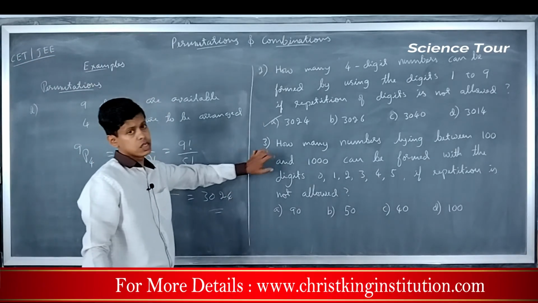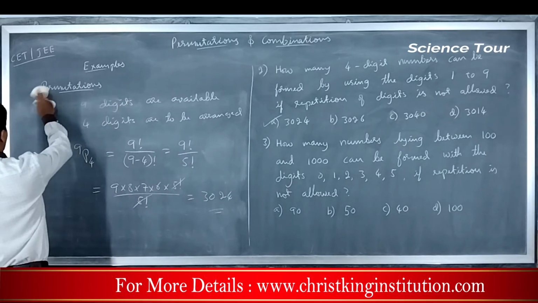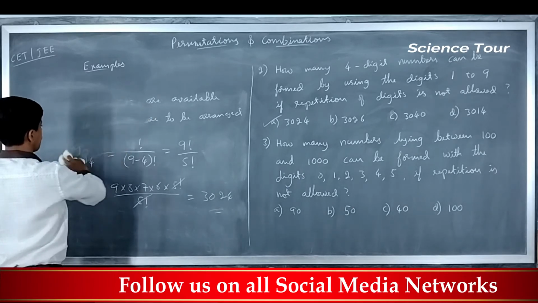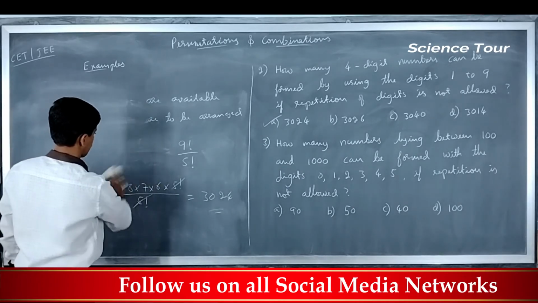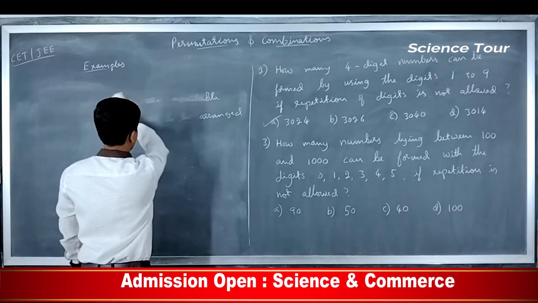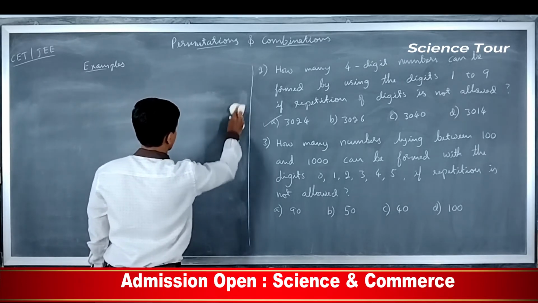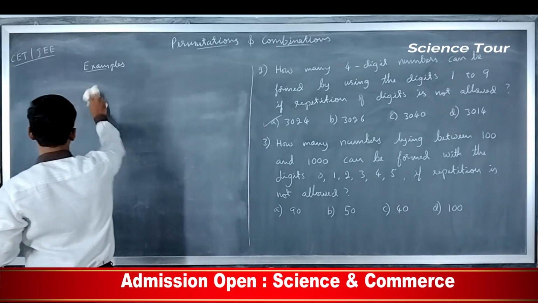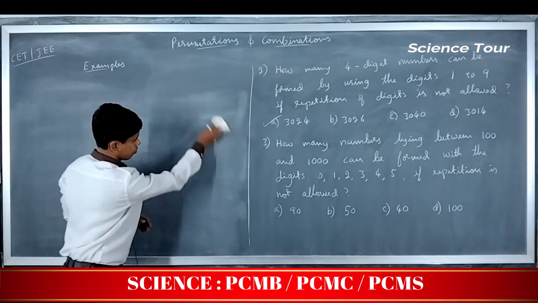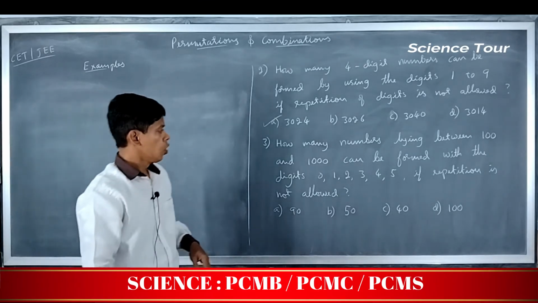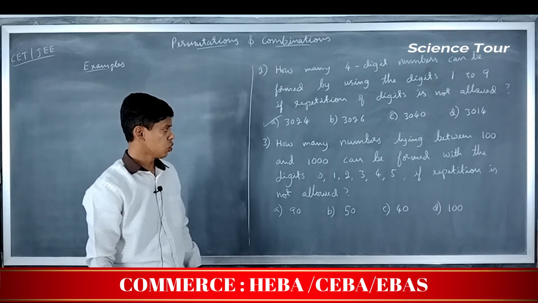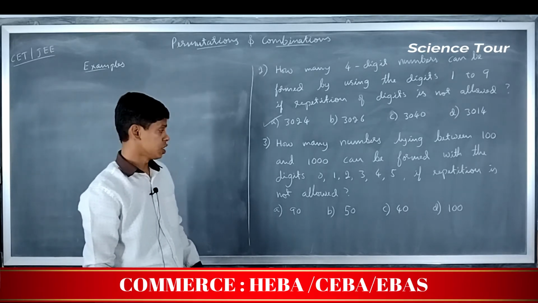Well, now let us move on to the third question. Okay, so how many numbers lying between 100 and 1000 can be formed with the digits 0, 1, 2, 3, 4, 5 if repetition is not allowed?